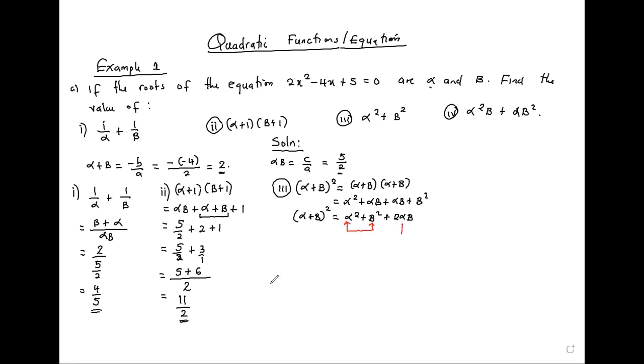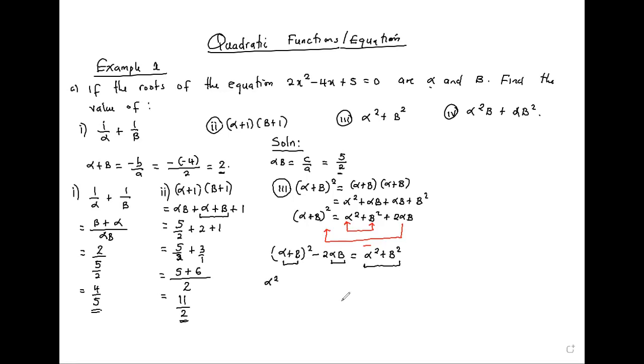So take this to the other side by subtraction. We have alpha plus beta squared minus 2 alpha beta will be equal to alpha squared plus beta squared. The question is asking us to find this. Now, because we know what alpha beta is and we know what alpha plus beta is, we have found it.